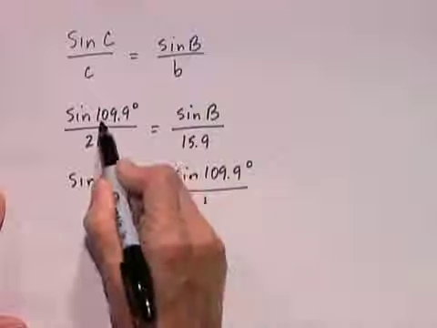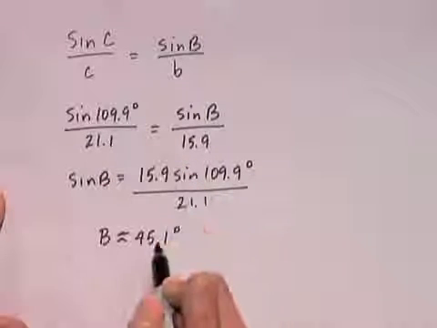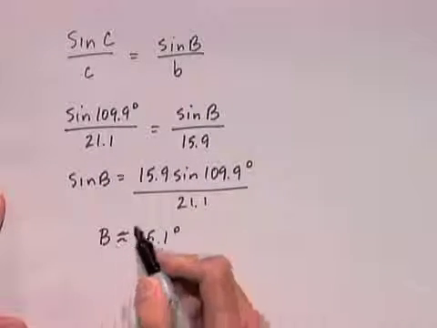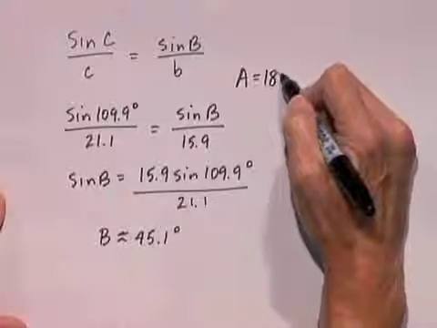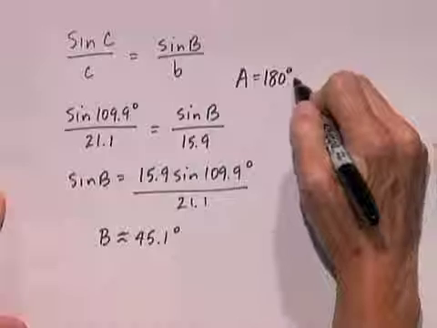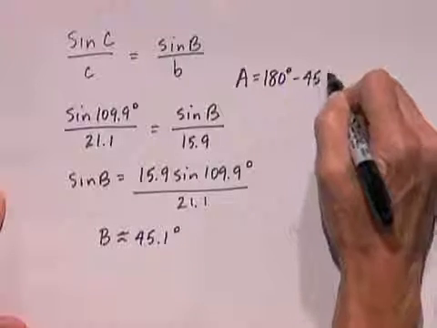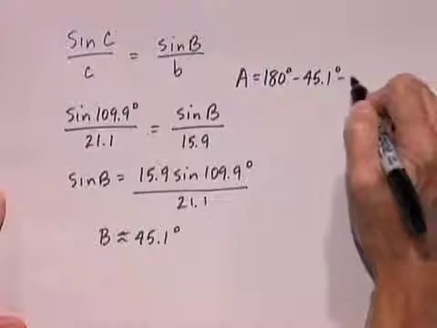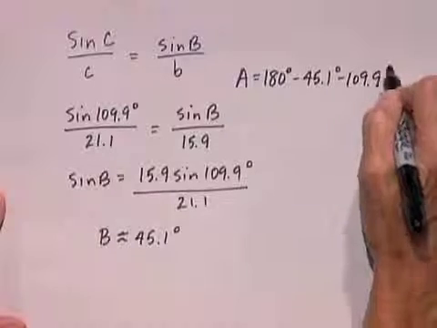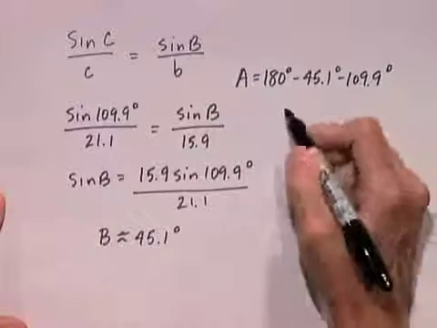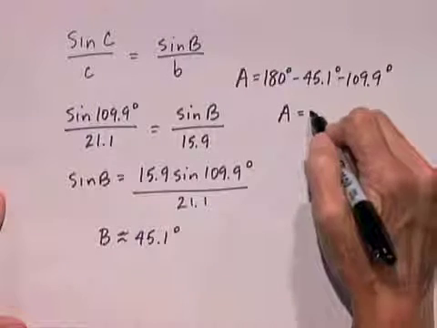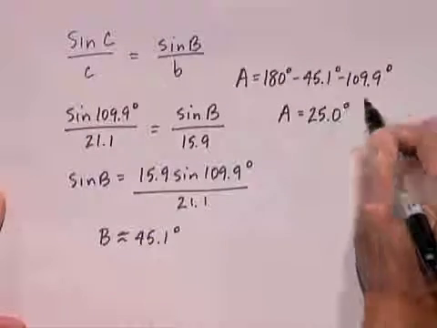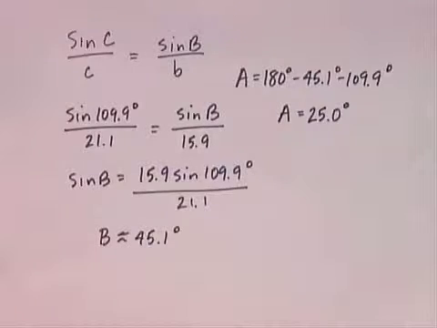I've got angle C, I've got angle B, and I know all three sides. All that's left is to find angle A. We'll find it by taking 180 degrees, subtracting 45.1 degrees, and subtracting 109.9 degrees. Making that calculation, A comes out to 25.0 degrees, and we solved the triangle.